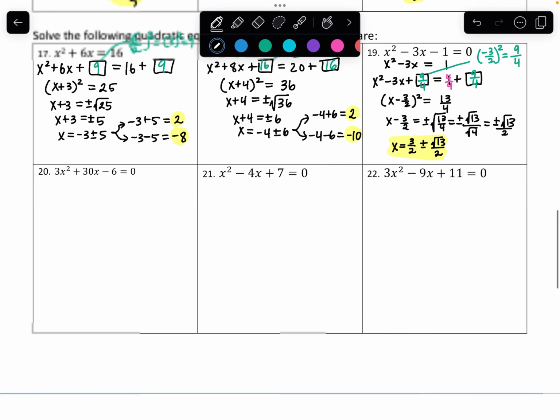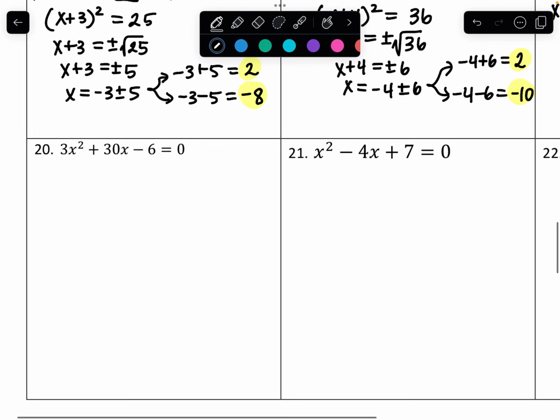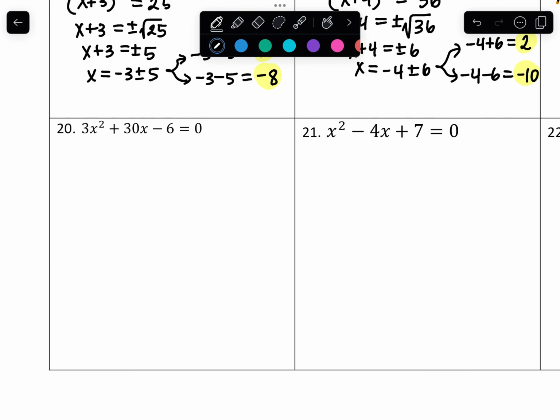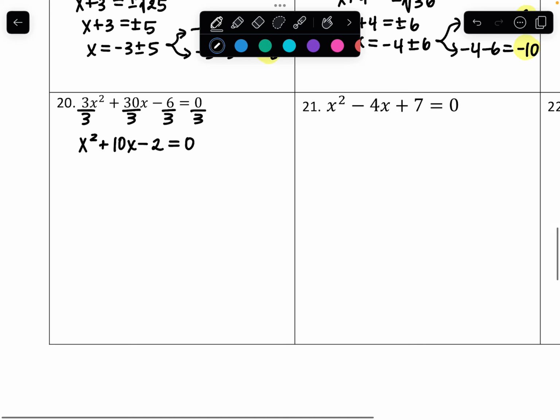Okay, over here, our a value is not 1, but we can divide each of these numbers by 3 right off the bat. And if it happens to both sides of the equation, we can ignore it. So we have x^2 + 10x - 2 still equal to 0, because 0 divided by 3 is 0.